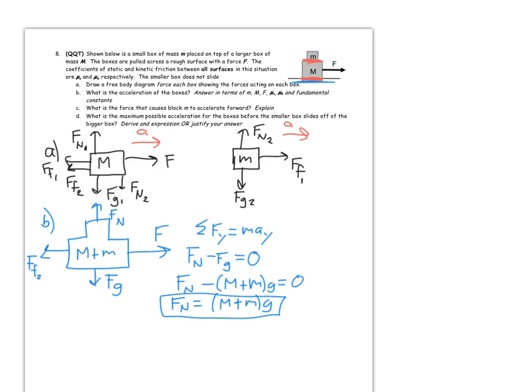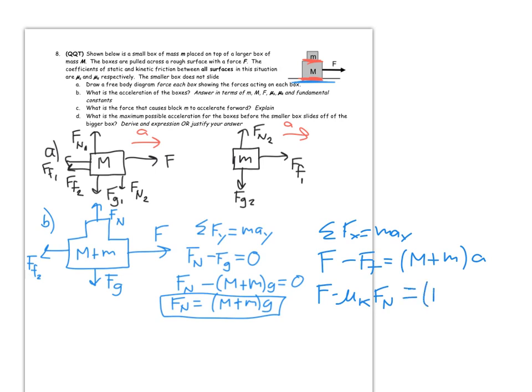I'm also going to go ahead and set up my x forces, all right, thinking about what forces I have in the x direction. And so we have that pulling force F minus the force of friction is equal to the mass, and we're going to once again do the total mass of our system times our acceleration. I can substitute in mu k times my normal force for the force of friction, and that is going to be equal to the total mass of our system times our acceleration.